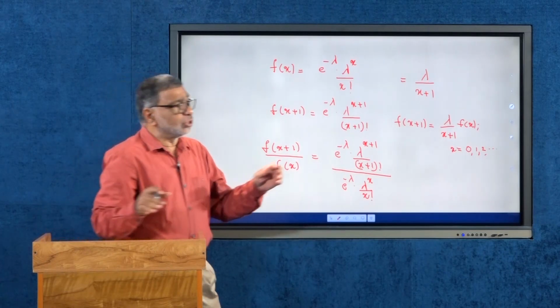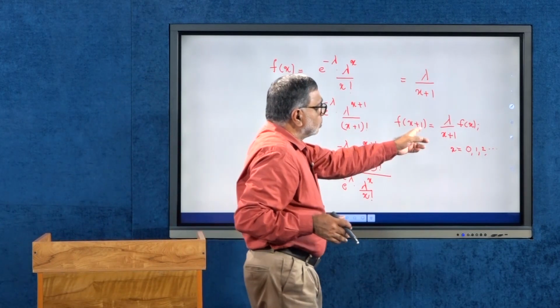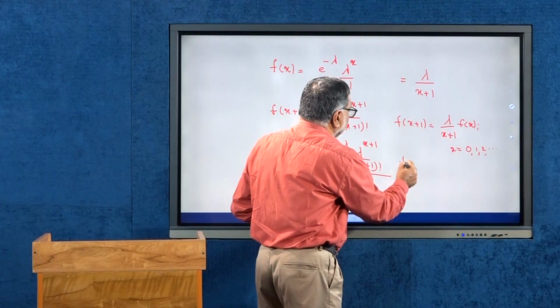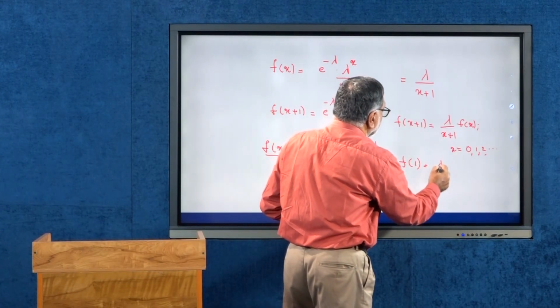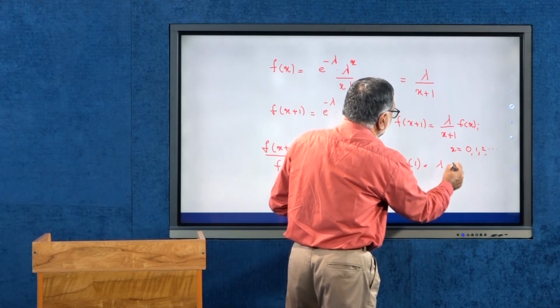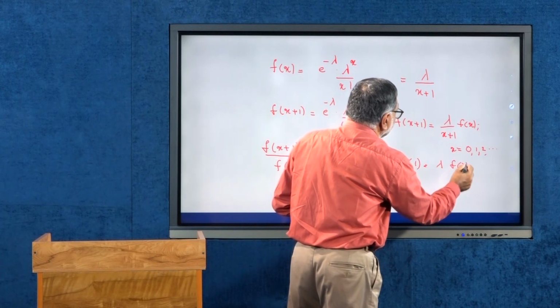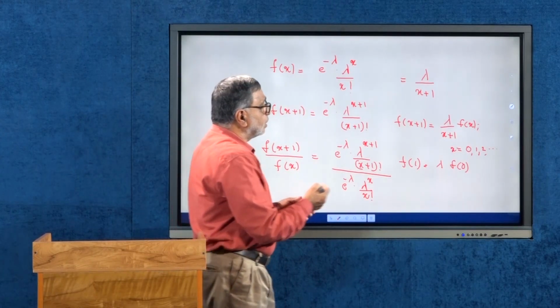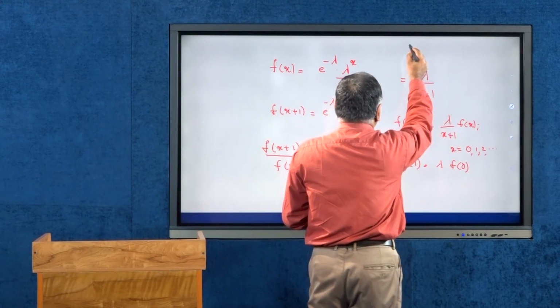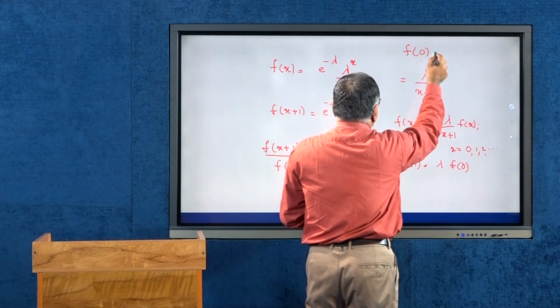Substitute x is equal to 0 here, you will get f of 1, that is lambda divided by 1 into f of 0. This f of 0 we already know, that is nothing but e power minus lambda.